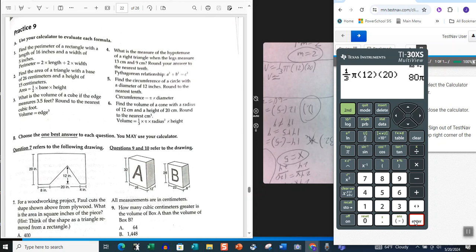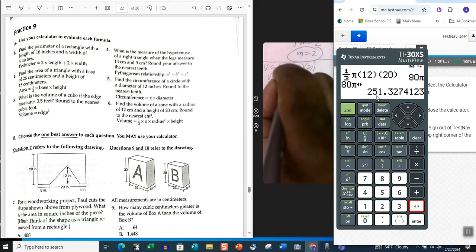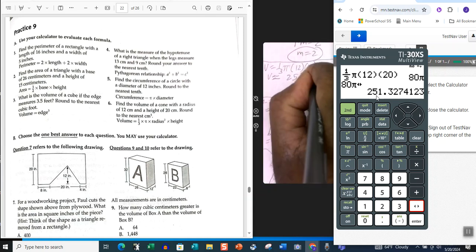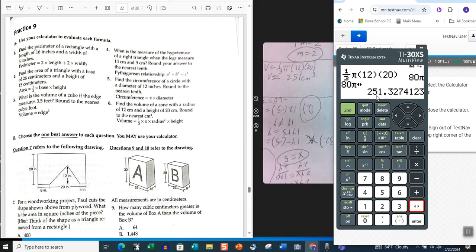So that gave us 80 pi. Now, if you notice here, they wanted us to round to the nearest centimeter. So we're going to hit this double arrow here, and it tells us that this is 251.327 and so on. So we know we round to the nearest whole number, so it'll be 251. So it'll be 251 cubic centimeters. And that will be our final answer for number 6.